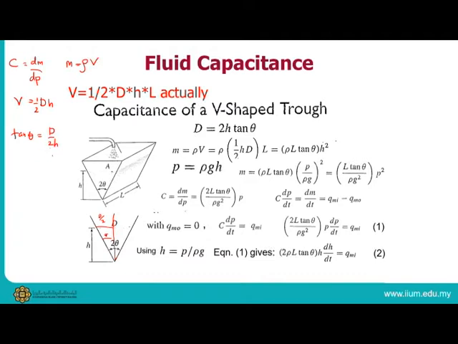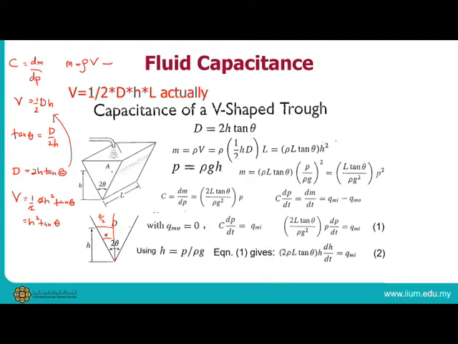So if you rearrange this one, you can get d equal to 2h tangent theta, right? So you insert this one into this equation, then you can get V equal to half 2h squared tangent theta, and then you can cancel out 2, then you can get h squared tangent theta, right? So that is the volume.